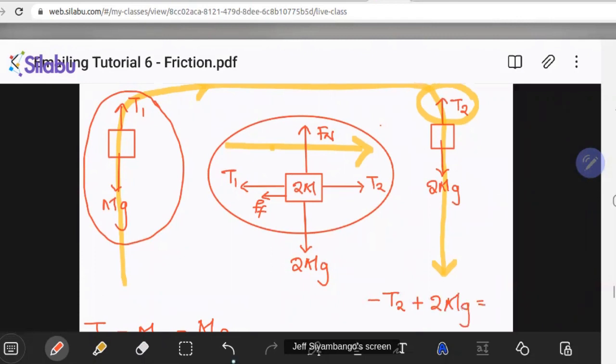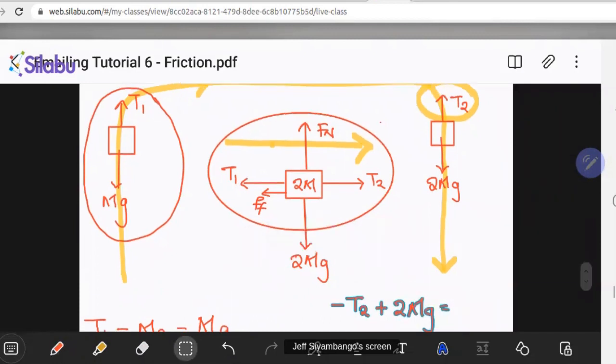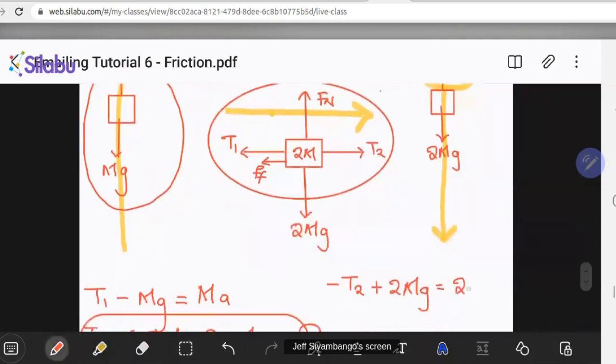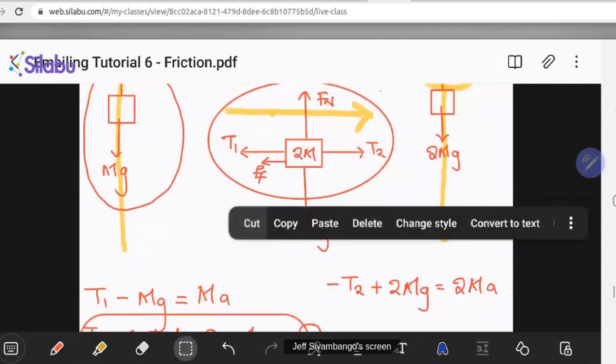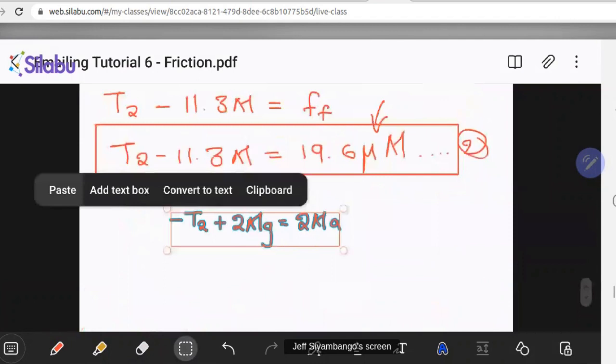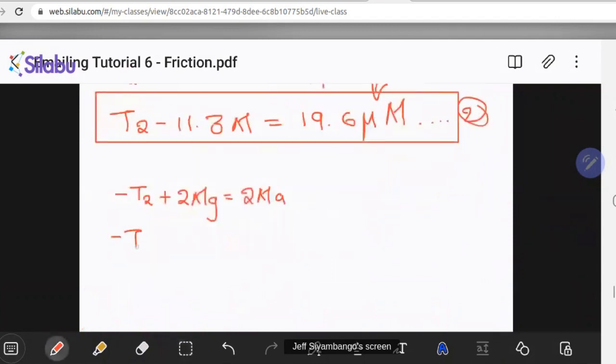And remember, the mass for block 3 is 2m, multiplying the acceleration a. So this is what is happening to block 3. Let's sum it up and finish. The acceleration is still 0.5. So we have minus T2 plus 2mg is equal to 2m times 0.5. 0.5 times 2m is still 1 m.